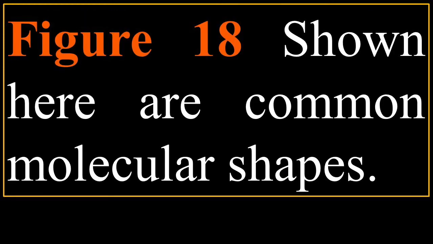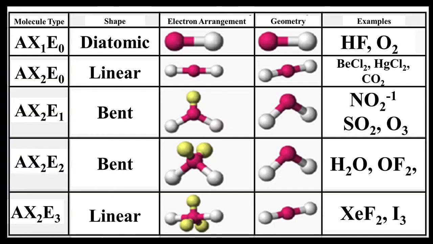Okay, figure 18 shows common molecular shapes. These are the molecular shapes that we will be examining in the lab on molecular geometry. You have the diatomic, where it's simply linear, obviously. Linear, bent. These are the ones we're going to be looking at.